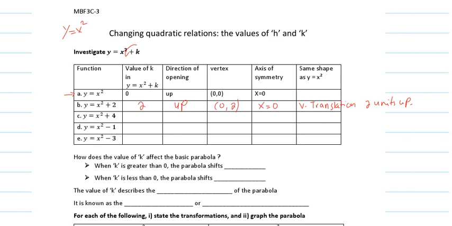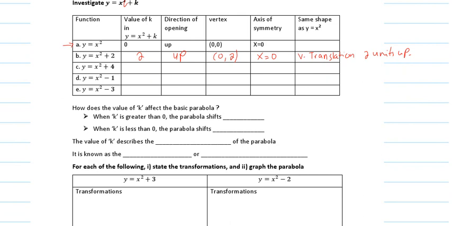I'm going to fill out this part with you, and then I'm going to get you to fill out the table by yourself, just because I have a meeting with a teacher. So how does the value of k affect the basic parabola? If the value of k is greater than 0, the parabola shifts up.